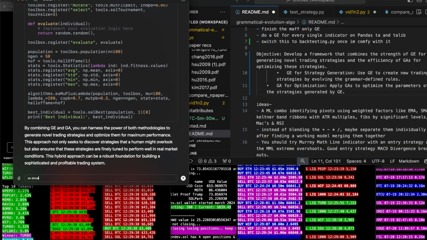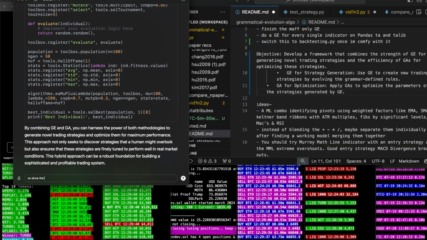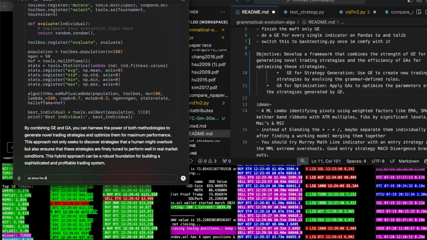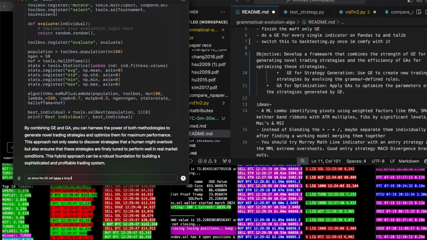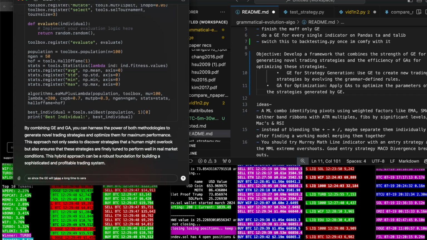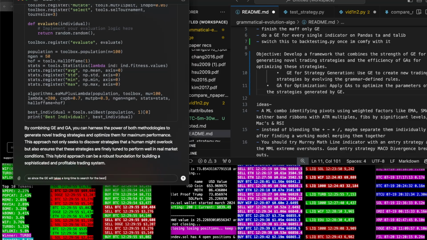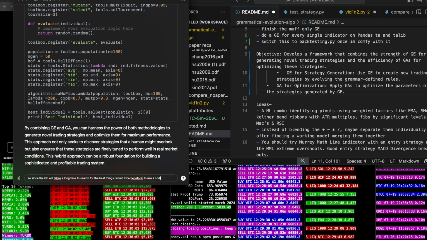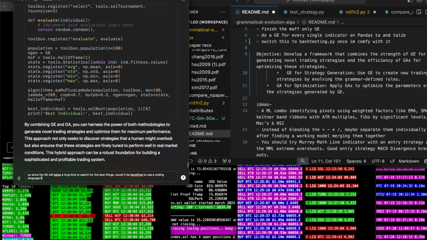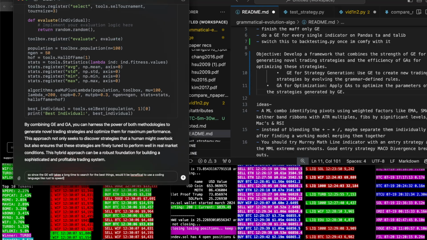So since the GE will take a long time to search for the best, I'm just curious. Would it be beneficial to use a coding language like Rust to speed up the search?